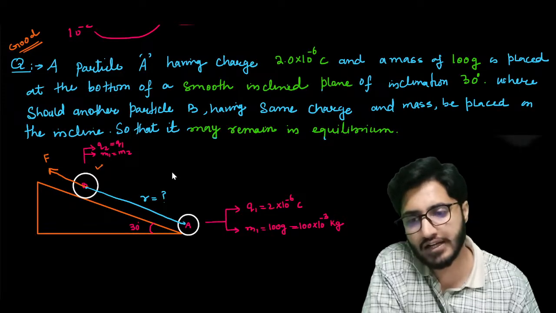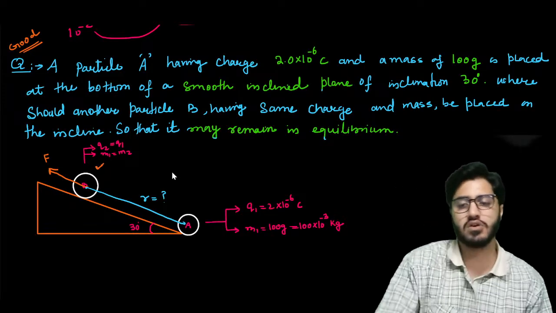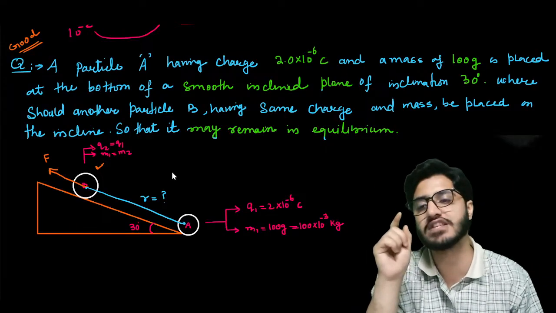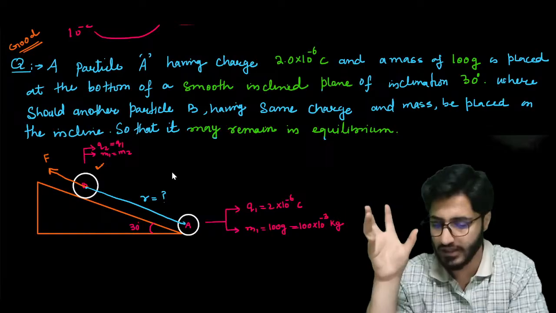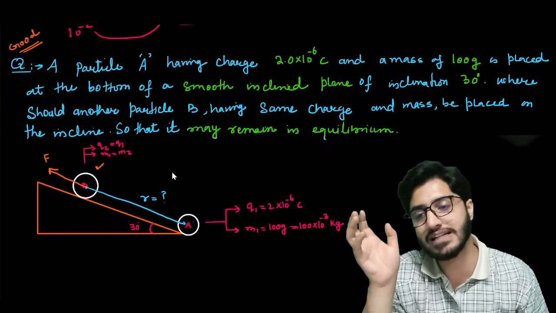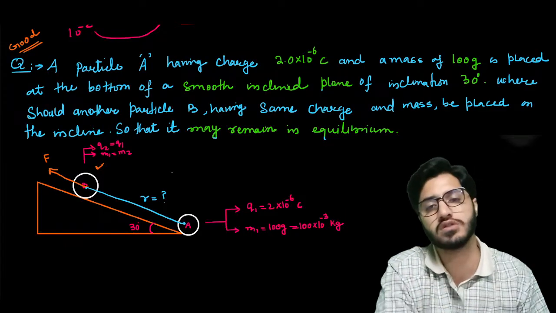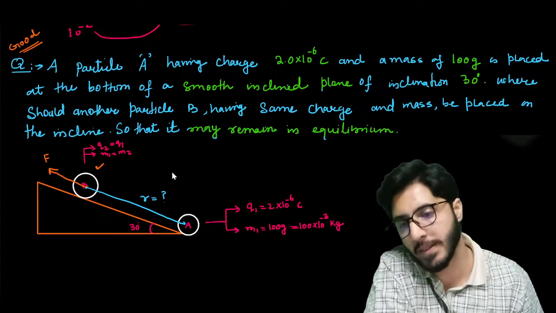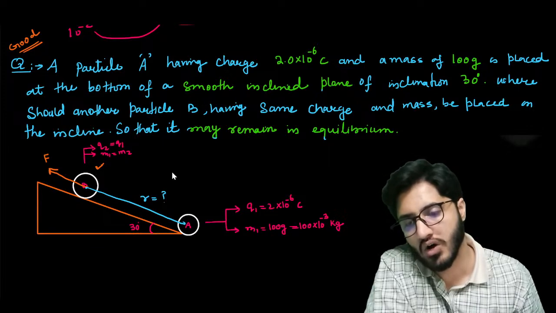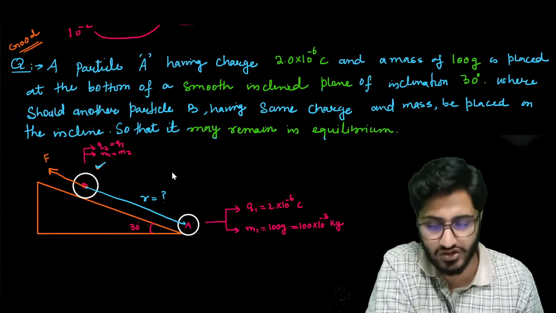If this particle should be in equilibrium, there should be one more force which should cancel the effect of this force F. So how can we do it? Look, we know one thing, that on this particular particle mass is there, so gravity will also be there, no?